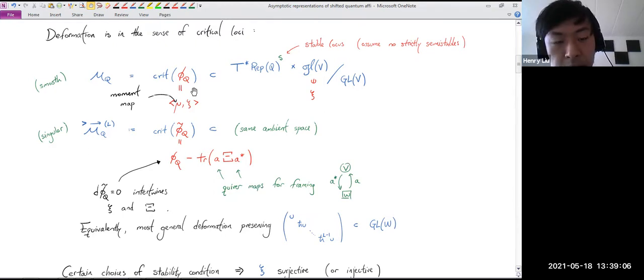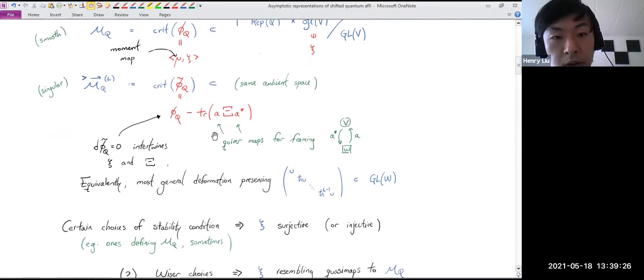There's a bit of technicality having to do with what equivariance is preserved by such a homotopy, but technicalities aside, that really is what I mean when I write the deformation map. Is that okay? Okay, thanks.